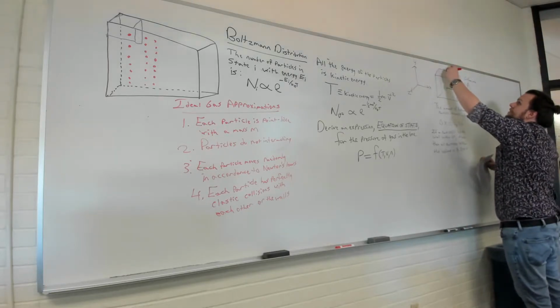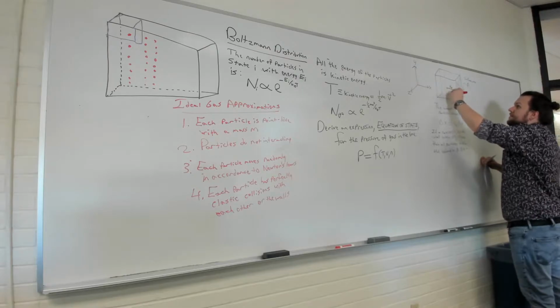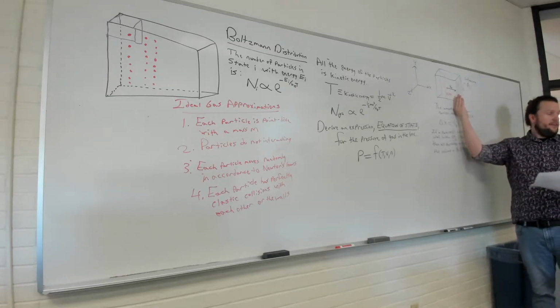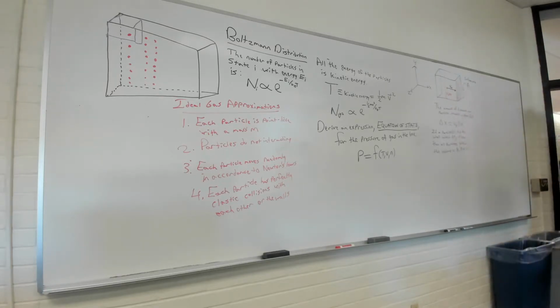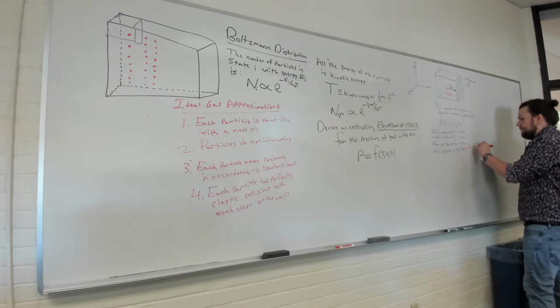So, for instance, this is the cutoff. This would be Vx delta t. If particles are on the left side within delta t, they won't hit the wall. But if they're on this side of Vx delta t, they'll hit the wall within that time. Okay. So that's A times Vx delta t.